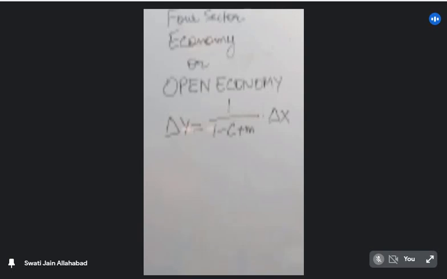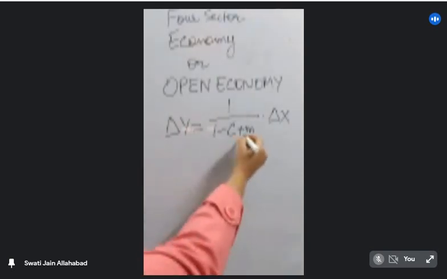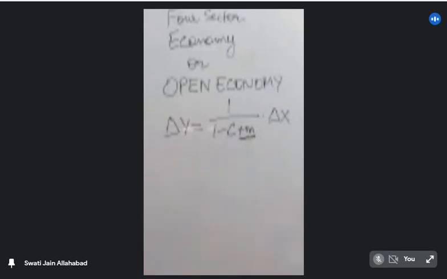We have just added one thing, that is m, the foreign trade multiplier. How does it come into the picture? Now I will explain. If you have any question, keep asking in between.